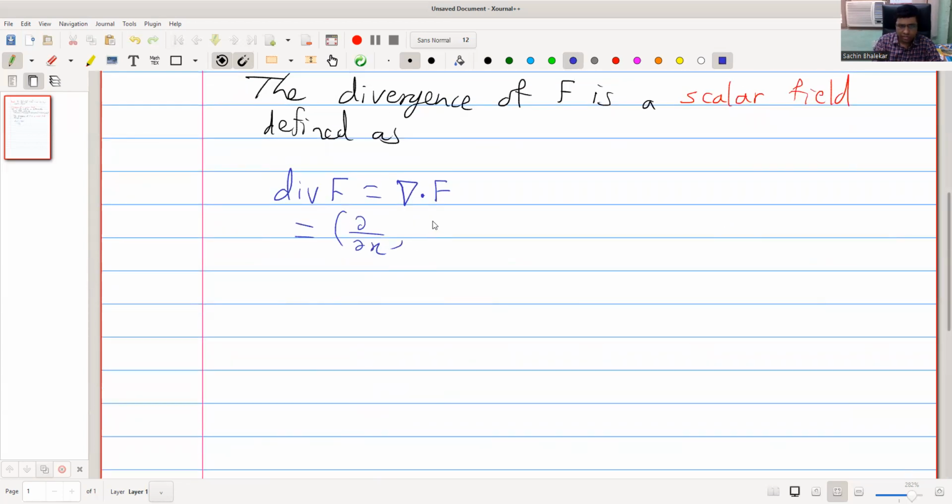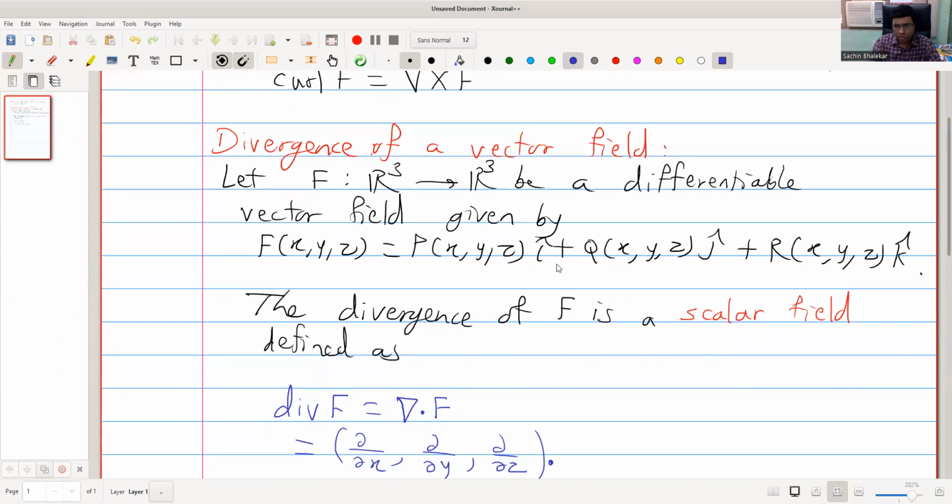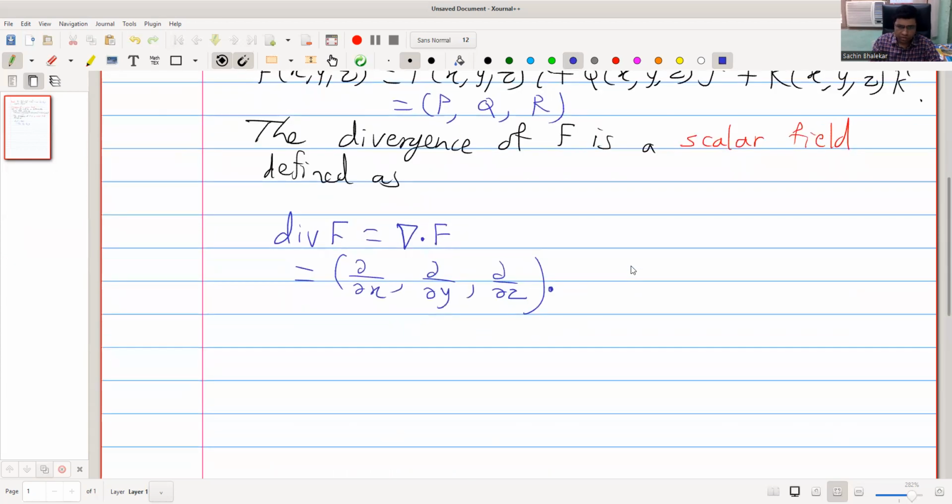So this dotted with F. Our F is P comma Q comma R, so this may be written as P, Q, R as a triplet in R3. Okay, so dot P, Q, R. Now we know how to find the dot product of such two vector quantities.